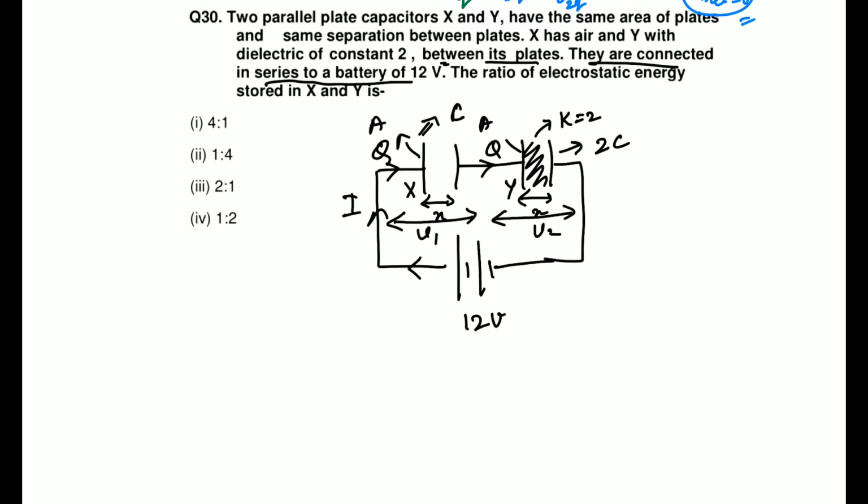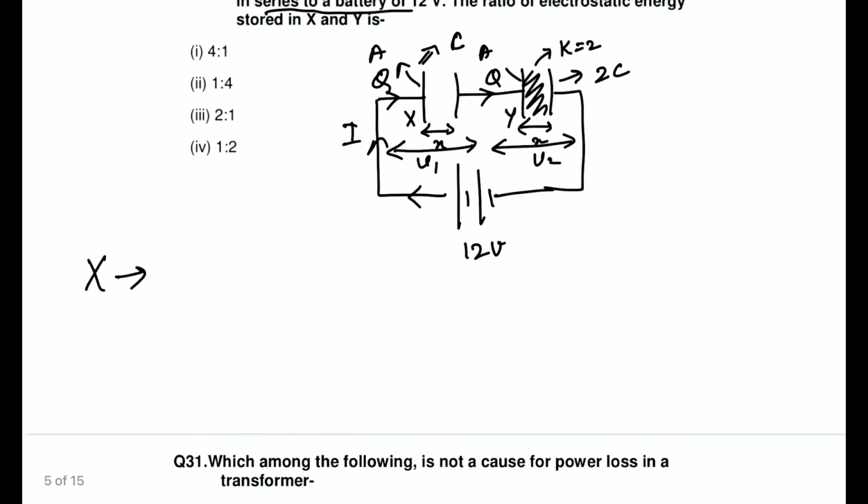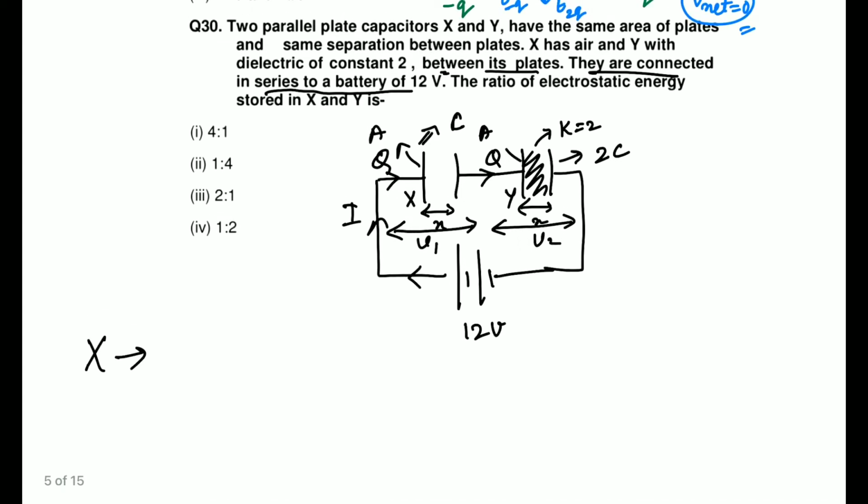So for X, the capacitance will be simply C, and for Y the capacitance will be 2 times C, because whenever a dielectric is fully inserted in between, the capacitance increases by the factor of the dielectric constant. For X, the potential energy will be Q square by 2C.